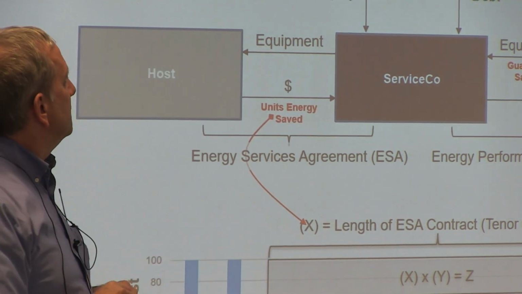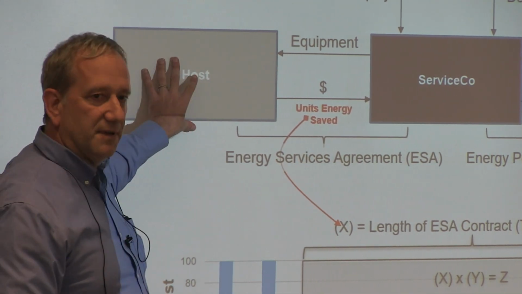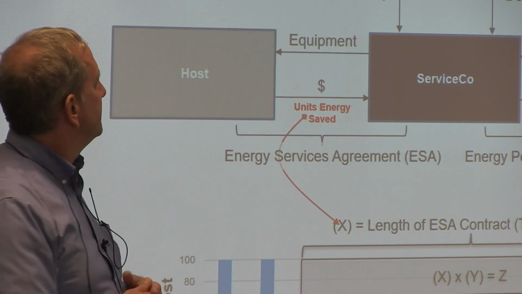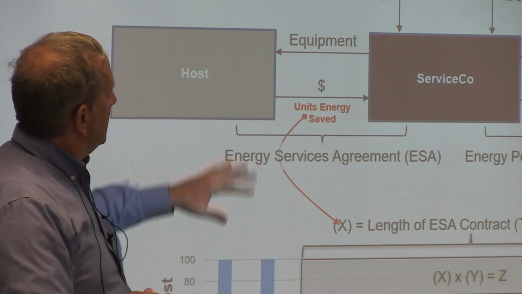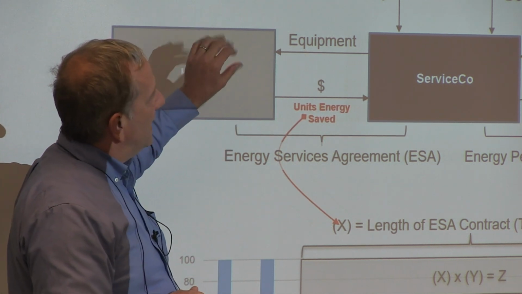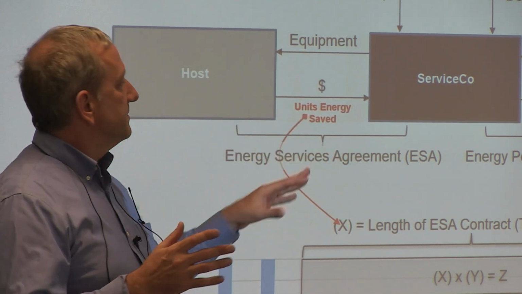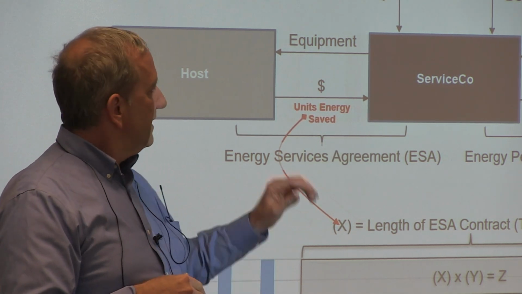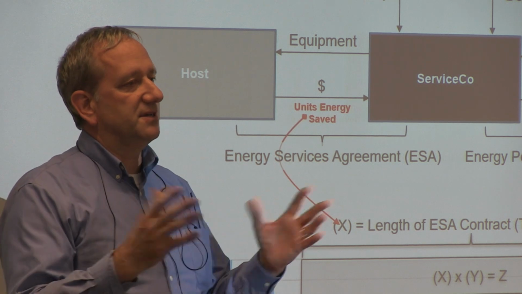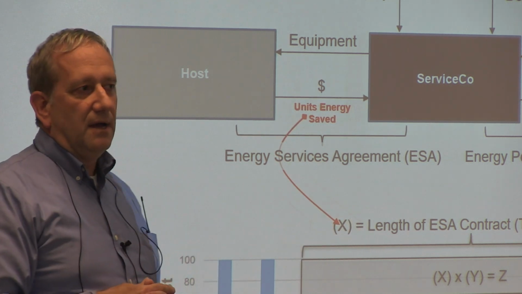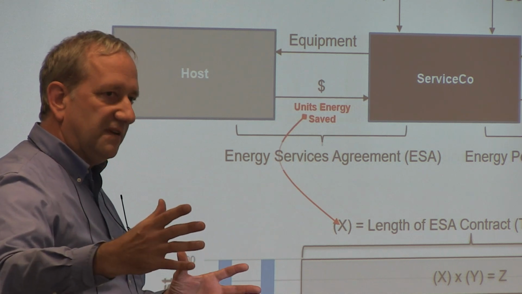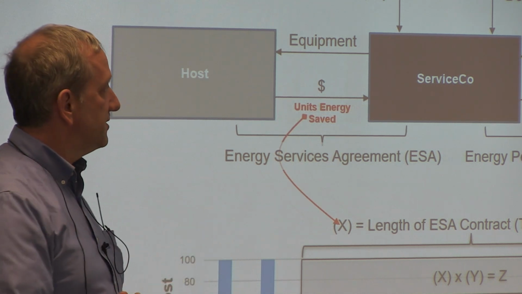The financer only cares about the credit quality of the host and whether or not they're going to be able to repay. The financer may look at the terms of the energy performance contract. So if the energy performance contract says you're going to save $100 a month, a lender could structure the term of the financing to take that into consideration.